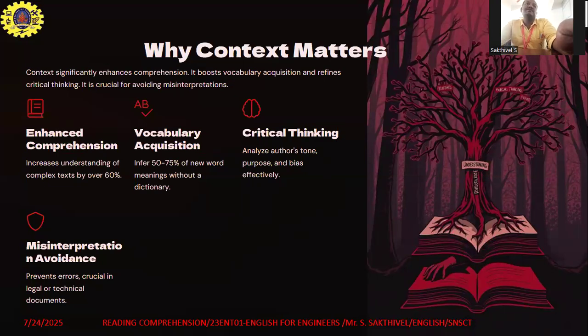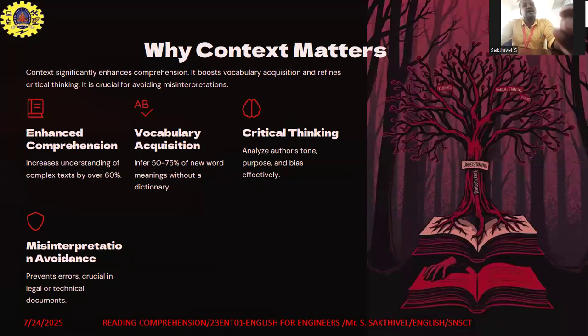And why does context matter? That is what we have to see. Context significantly enhances comprehension. It boosts vocabulary acquisition and refines critical thinking. It is crucial for avoiding misinterpretations. So it enhances comprehension, vocabulary learning, and critical thinking. Enhanced comprehension means developing comprehension by reading more texts.